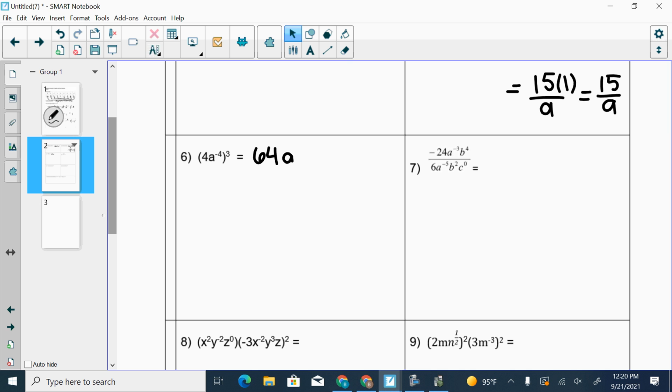So a to the, very good. But we can't leave it like that. What do we need to do? Right, just the a to the 12 needs to go to the bottom, right? So it can be positive. So we would have 64 over a to the 12. Okay.